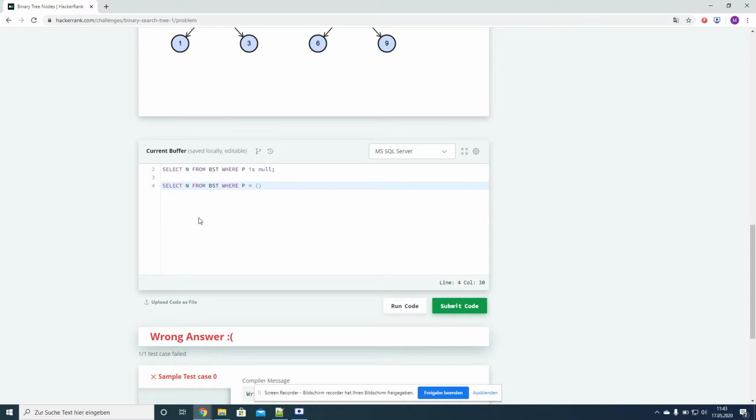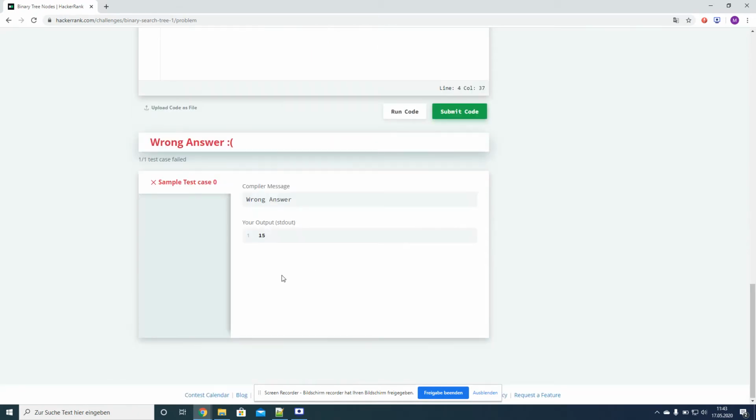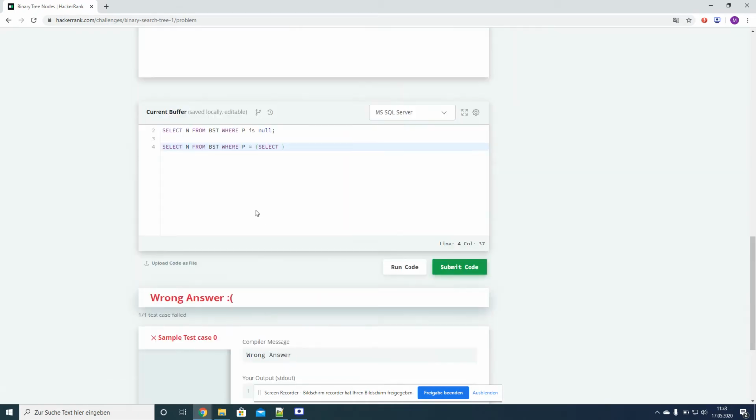You just open the brackets and you write exactly what is written here. So you make p equal, and because we just got a number out here, 15, we can just put this query as a p equals, and then we also get a 15 out.